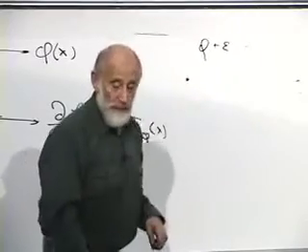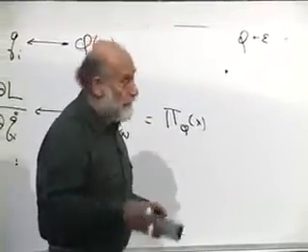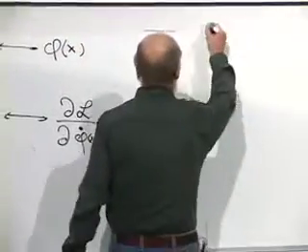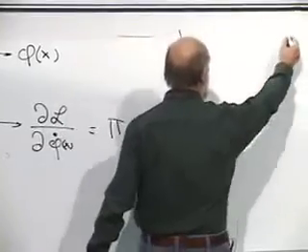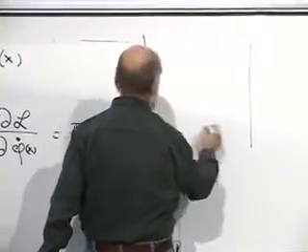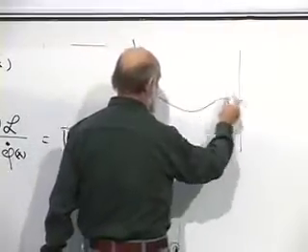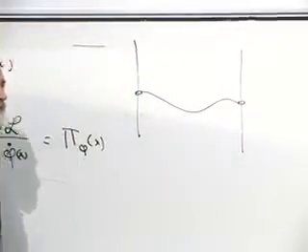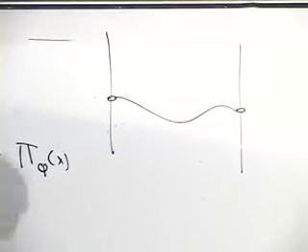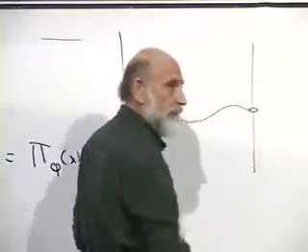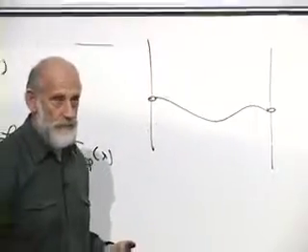There is another situation. Let me invent a different kind of string which really does have the symmetry. Let's imagine we have a pole over here and a pole over here. There's a ring over here that can slide up and down the pole, and the string is stretched between these two. Now you can shift the whole string without any cost in energy.